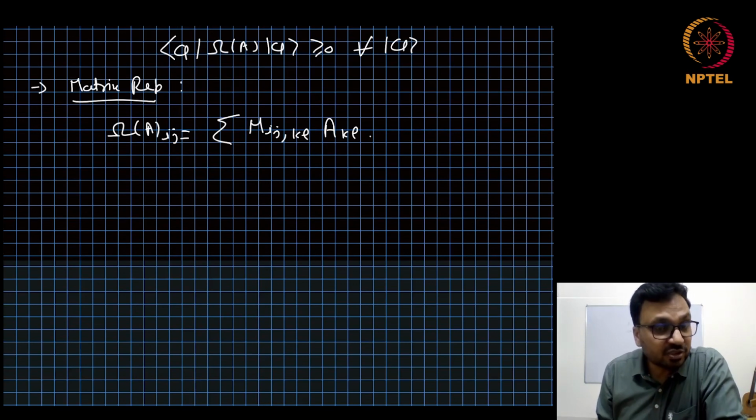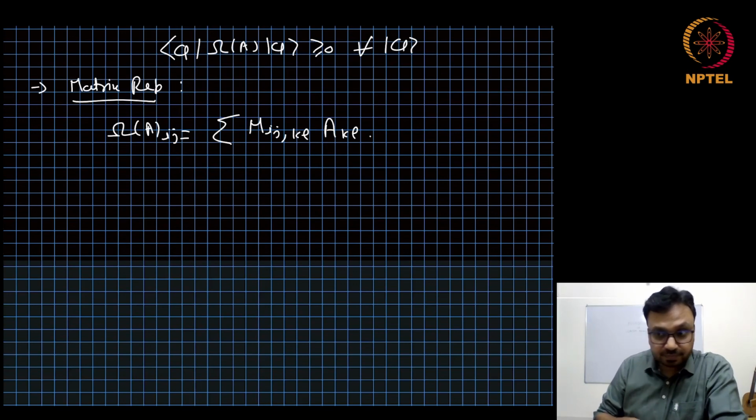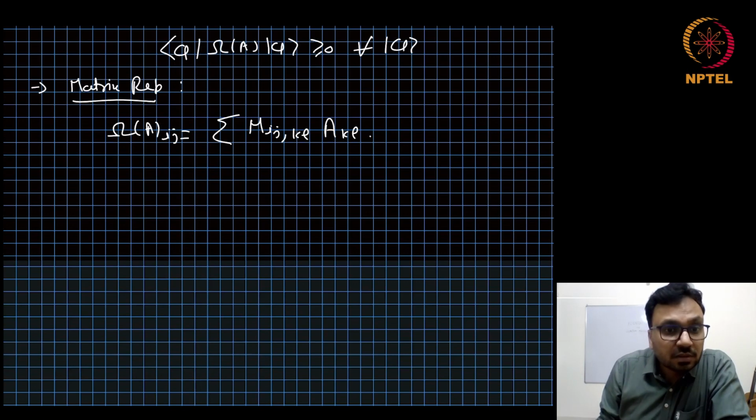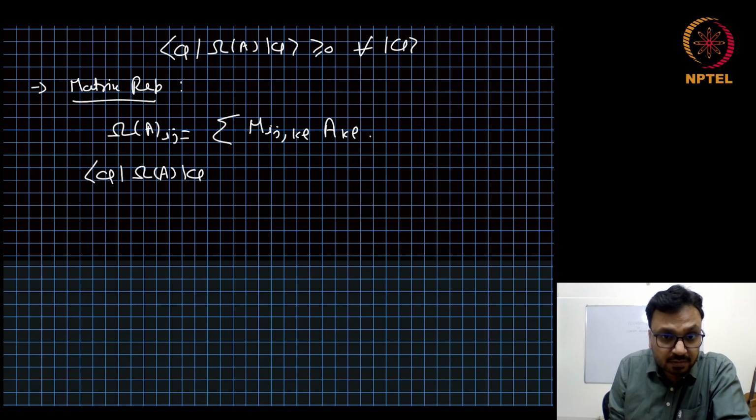This is the definition of the matrix representation. Now for every positive operator A, omega of A is also positive. So this is the positivity condition on omega of A for every phi.